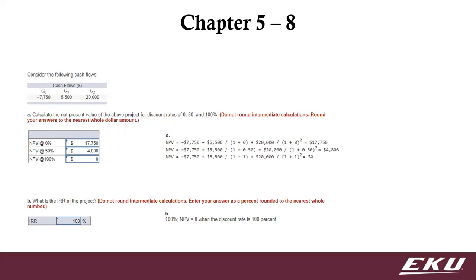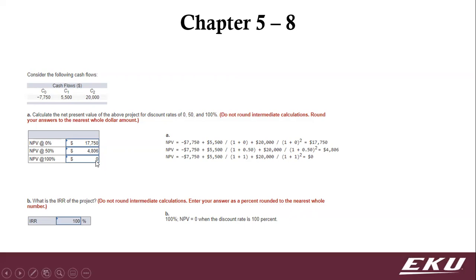Okay, and if you notice here on number 8, we're just calculating what the net present value of these cash flows will be, right? They're going to be the same payment of 7,750 initially, but we're discounting those two future cash flows at higher rates, right? And if you're discounting at 100% discount, it actually ends up being an NPV of zero.